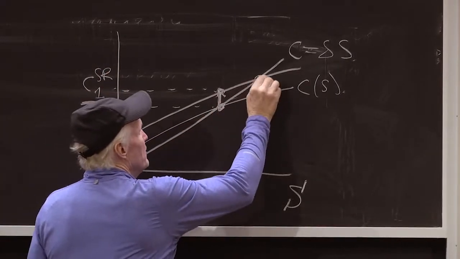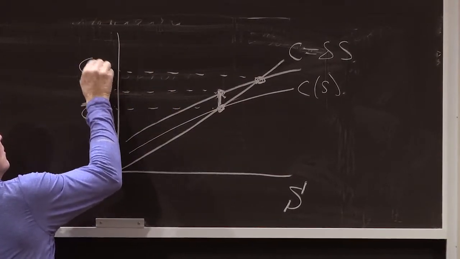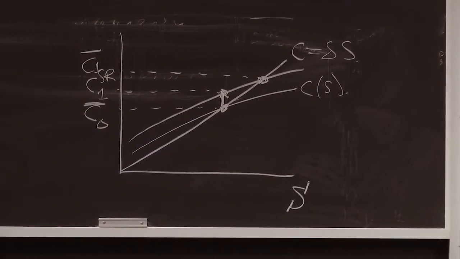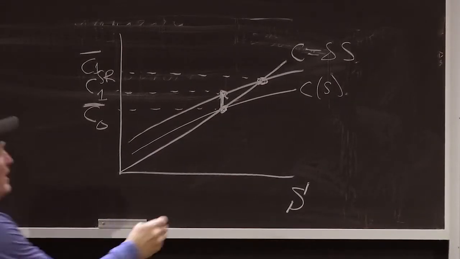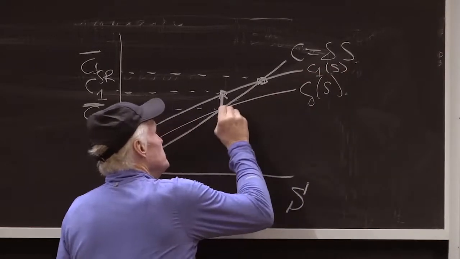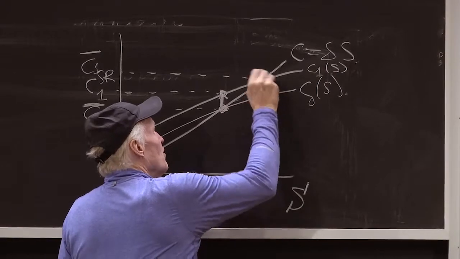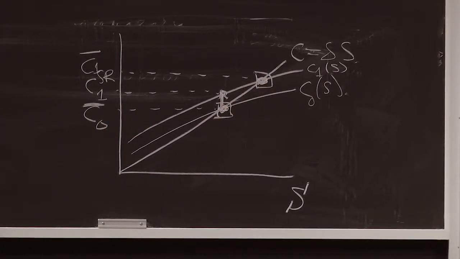And then eventually you go up to here, C1 bar, right? So if you lower prices, that'll shift this schedule upward. Call this C0 of S, C1 of S. And so what happens is you get a bigger long-run response than you get a short-run response.